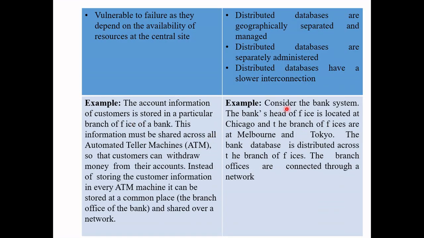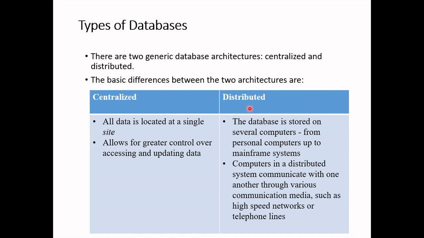In a distributed database, suppose consider the bank system. The bank's head office is located at Chicago and the branch offices are at Melbourne and Tokyo. The bank database is distributed across the branch offices, which are connected through a network. So this is the example of a distributed database.